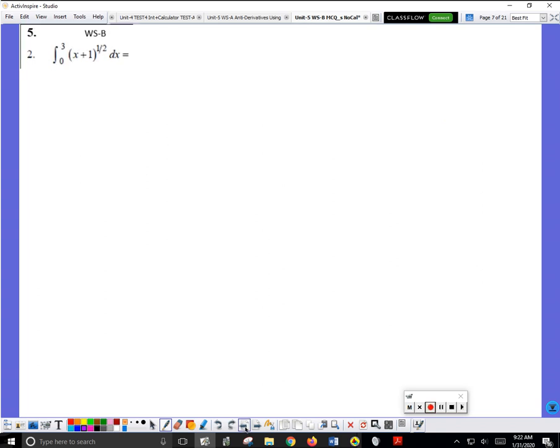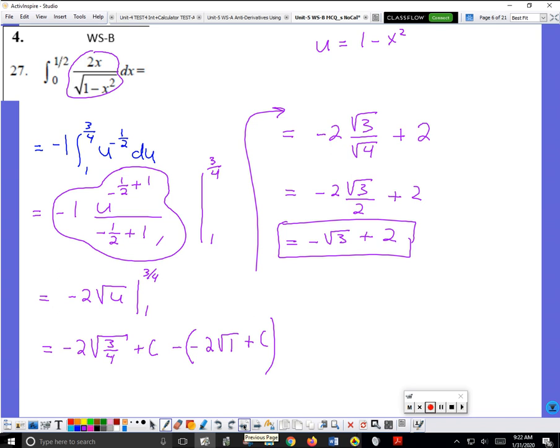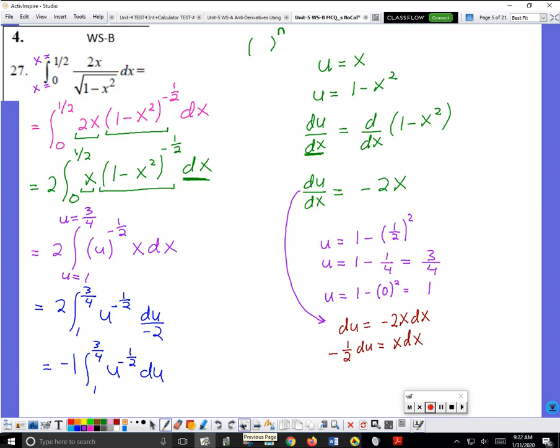Another help is on number 4. This is a hint you'll need for the homework. On number 4, the square root is in the bottom. But same thing, because I'm going to be finding an antiderivative, I'm going to switch that. Let's show how this works real quick. Hold on a second. Make a copy here.